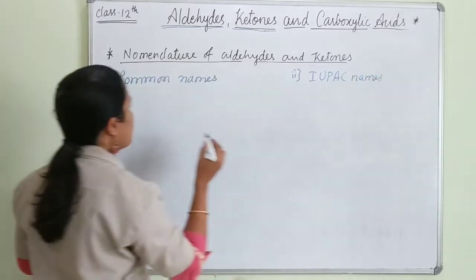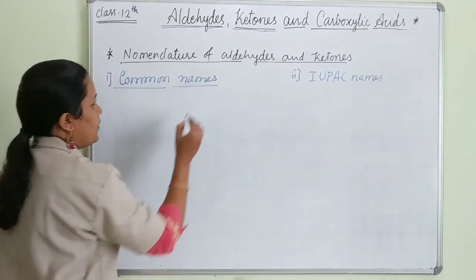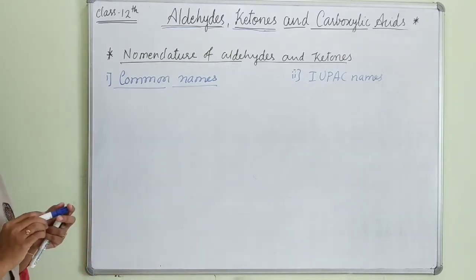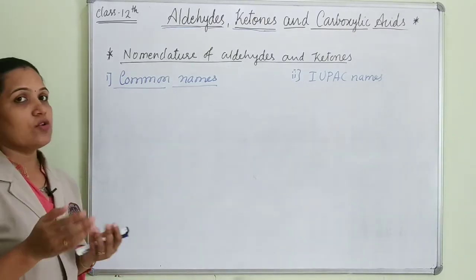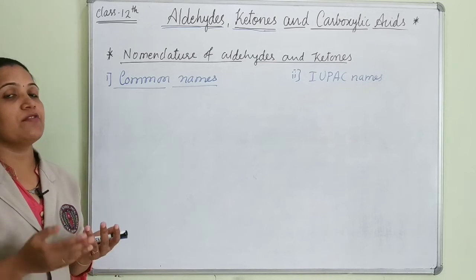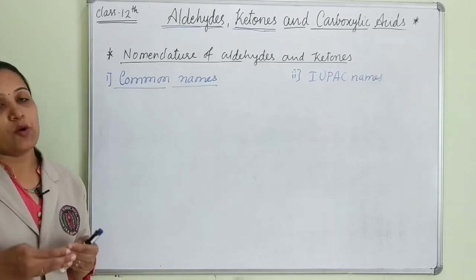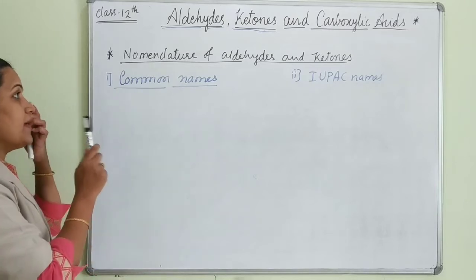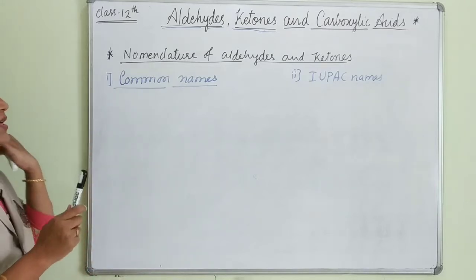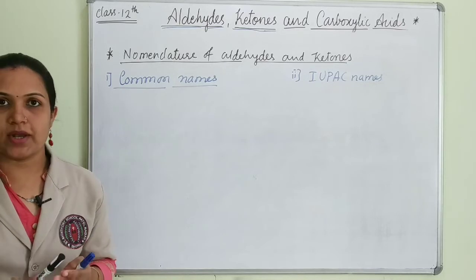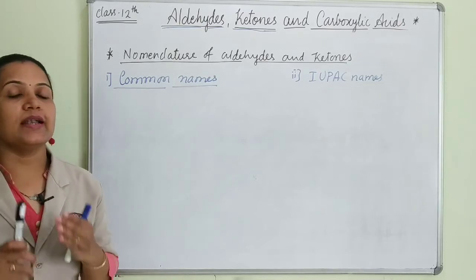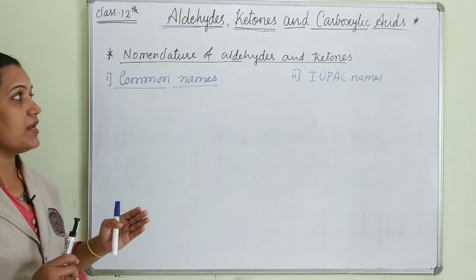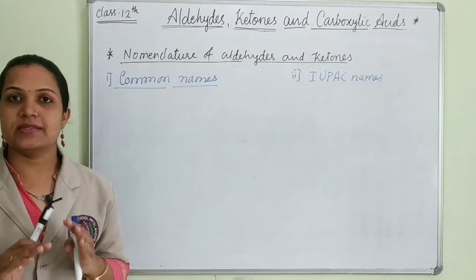Now students, when we study aldehydes and ketones, although this is a very simple group, it has very important properties for many reactions. These aldehydes and ketones are mostly known by their common names. So let's see how to write the common names of aldehydes as well as ketones.